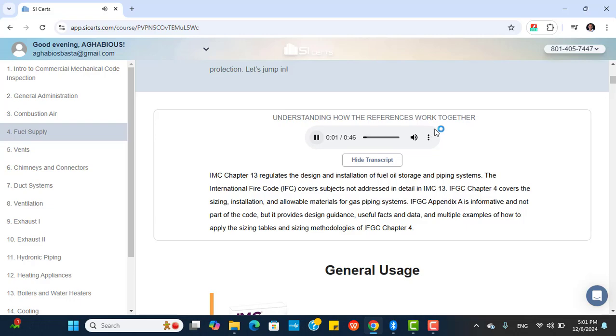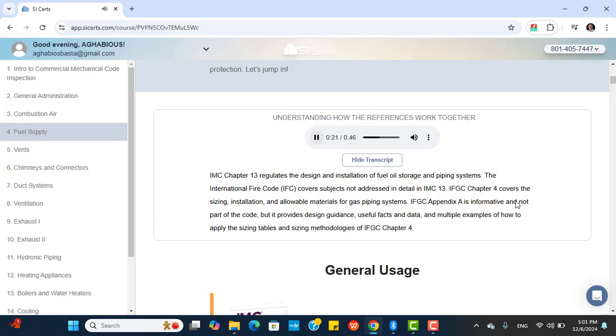Understanding how the references work together. IMC Chapter 13 regulates the design and installation of fuel oil storage and piping systems. The International Fire Code, IFC, covers subjects not addressed in detail in IMC Chapter 13.